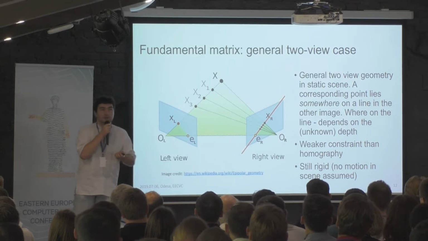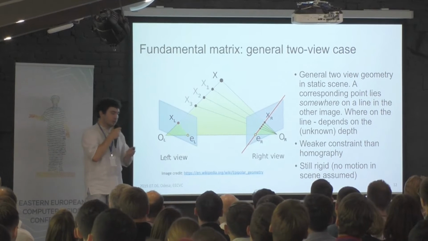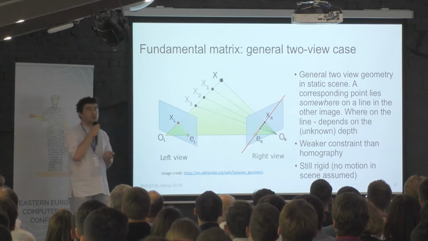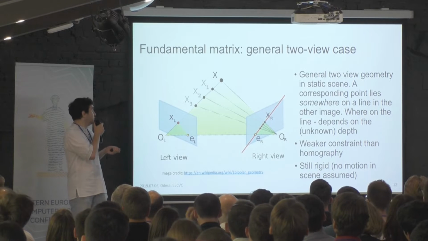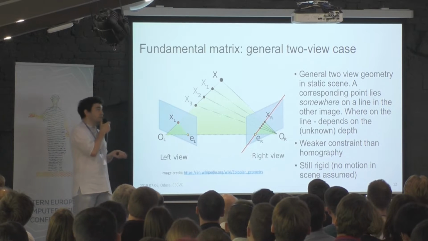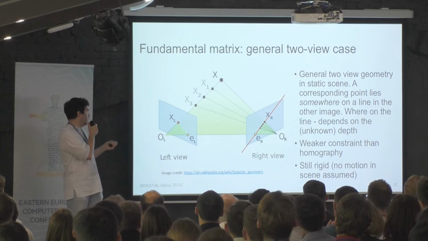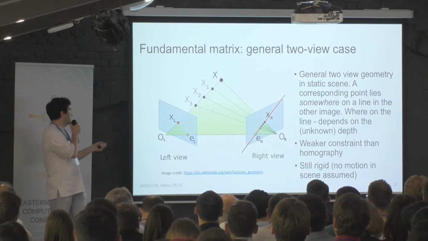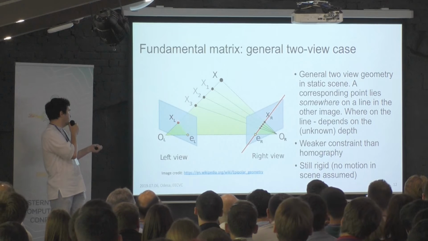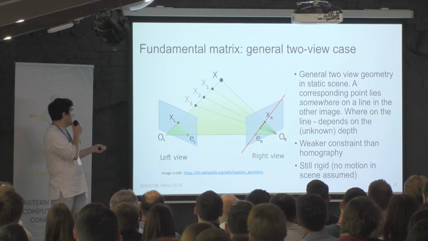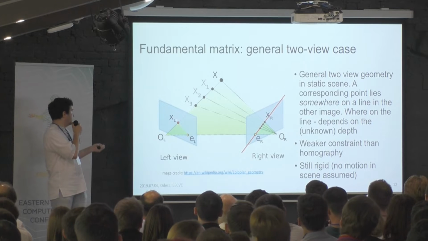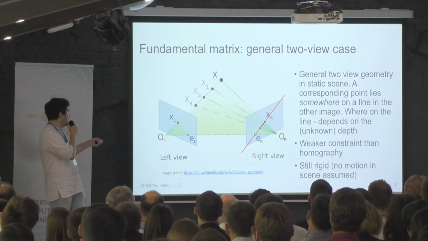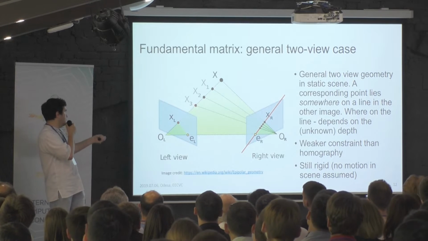Another model, if you're dealing with something very 3D, like photographing a statue, which is obviously not planar, then you would go for a more general model, which is epipolar geometry. Epipolar geometry describes how a point projects to the image plane of the camera, and this point is projected here. The fundamental matrix connects this point to that line, which means that we don't know the depth, because this can actually be any of these points.